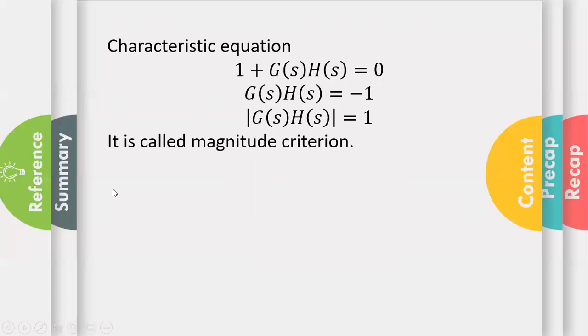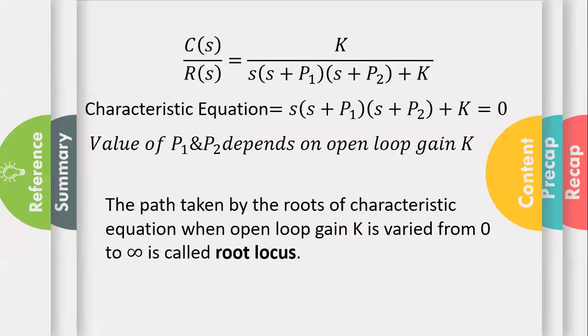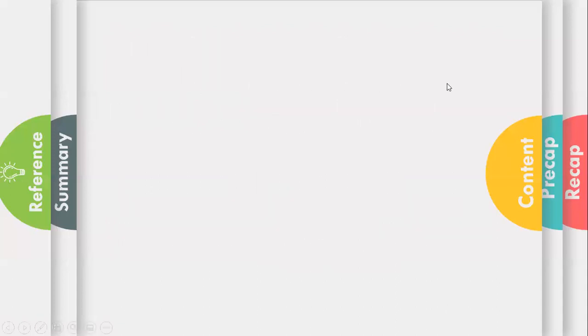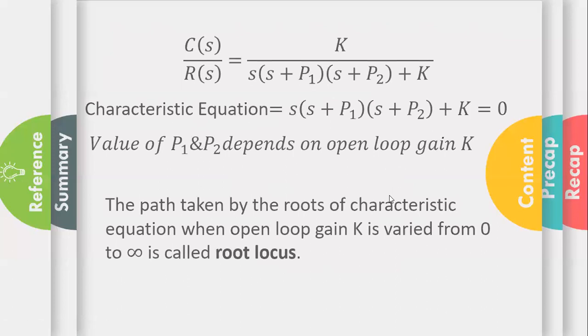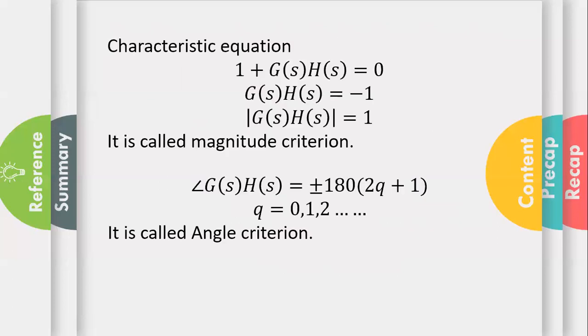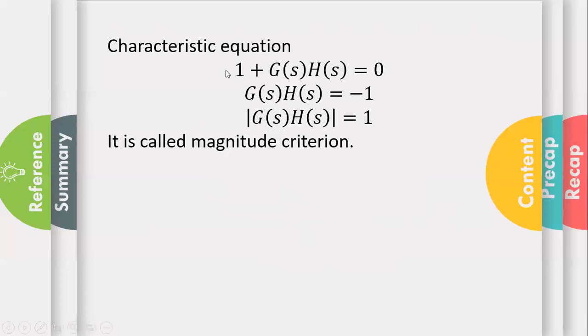Consider the characteristic equation. As we already discussed, the denominator of the transfer function is the characteristic equation. In general, I can write it like this: 1 plus g of s into h of s is equal to 0.